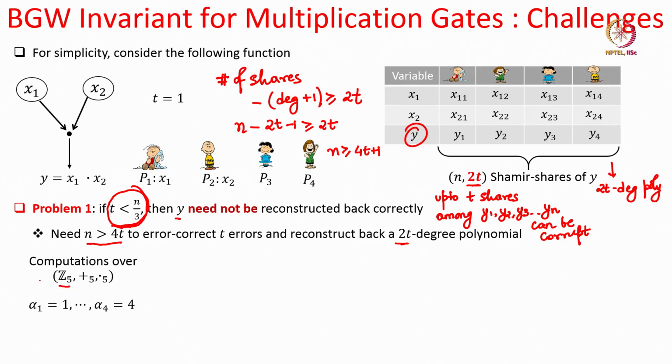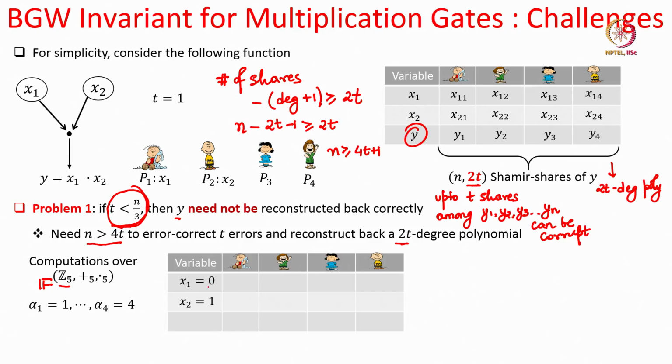where I take this as my field Z5 and my evaluation points associated with the 4 parties are 1, 2, 3 and 4. So, imagine x 1 is equal to 0 and x 2 is equal to 1 and say x 1 is VSS shared through this 1 degree polynomial, resulting in the shares 1, 2, 3 and 4 for the parties P 1, P 2, P 3 and P 4 respectively.